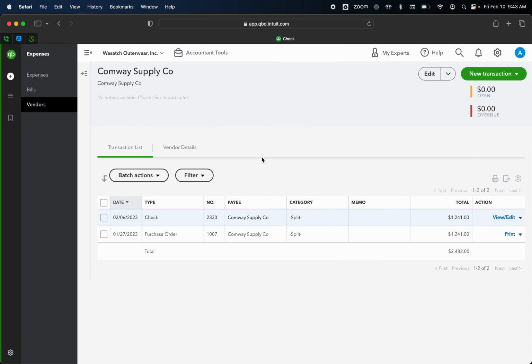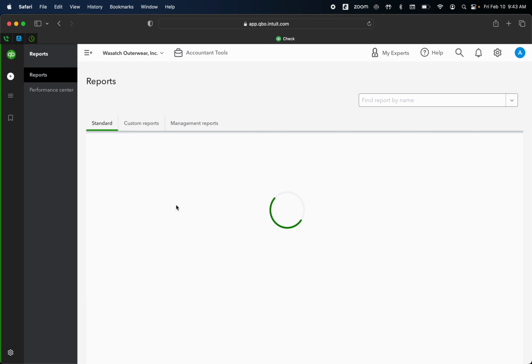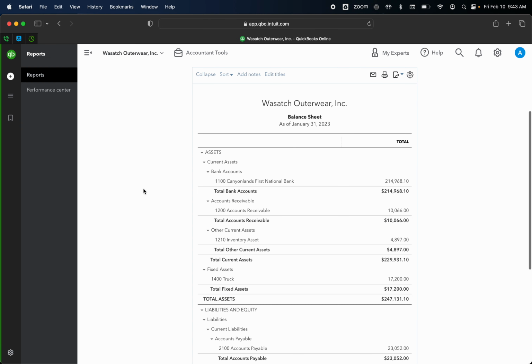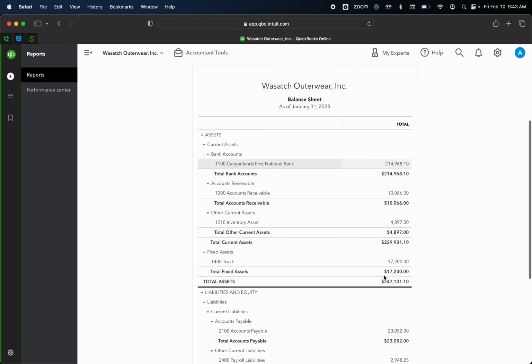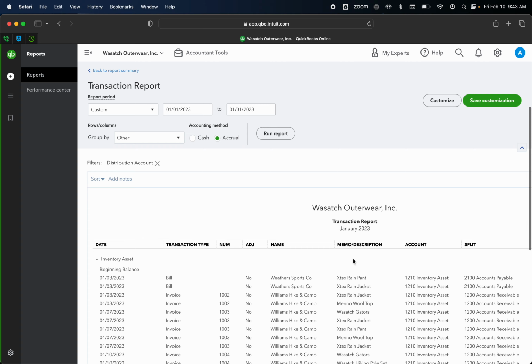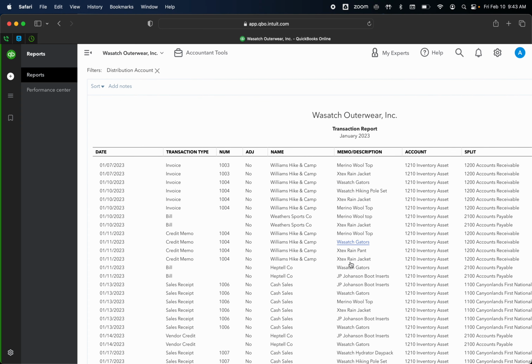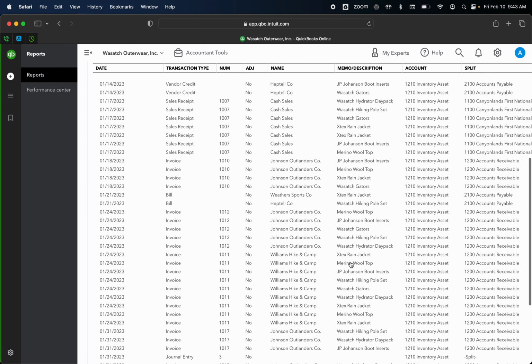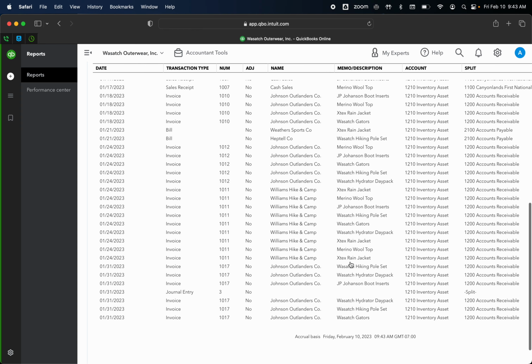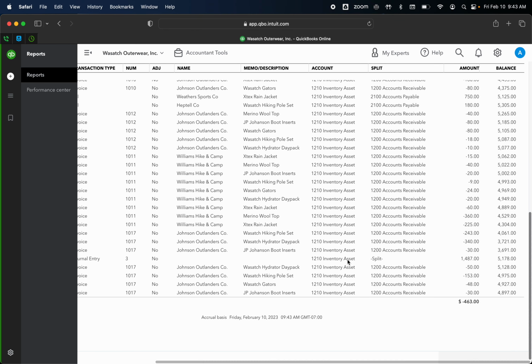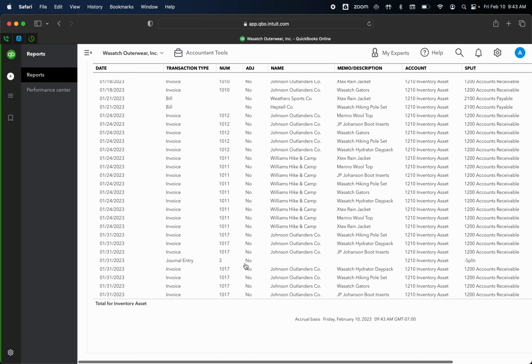Why isn't that in inventory in the first place? So let's go back. Maybe I was just reviewing things. But let's go back to inventory and see if Conway Supply is here anywhere. Journal entry. Again, that journal entry 1487 is going to mess you up.